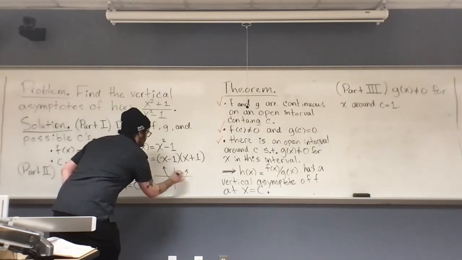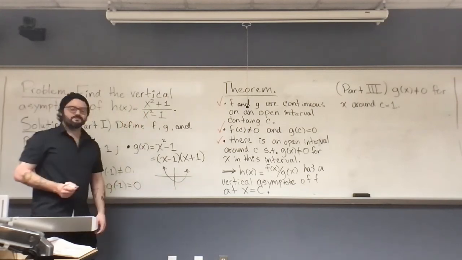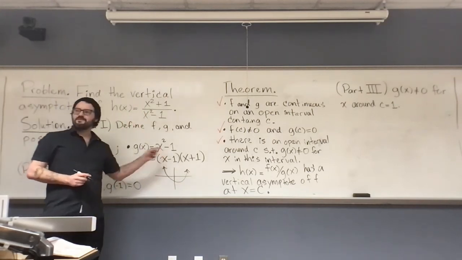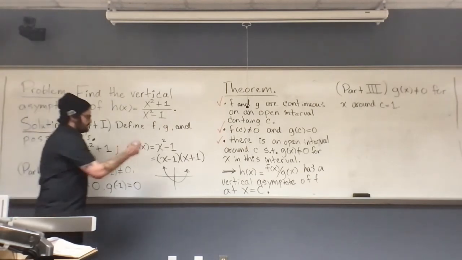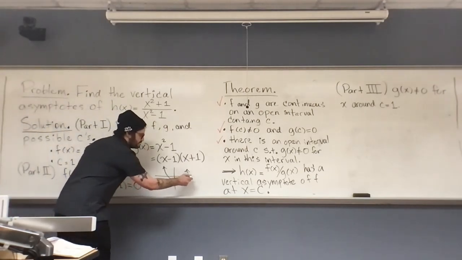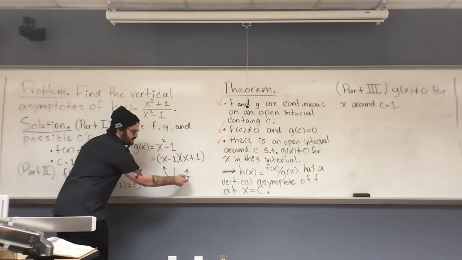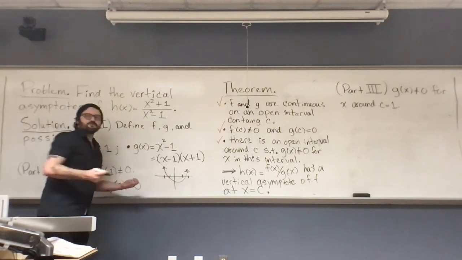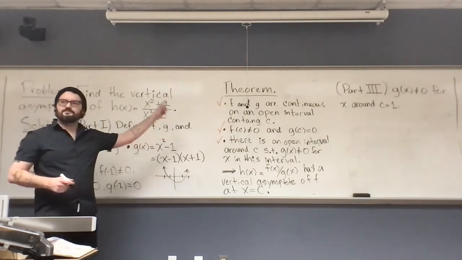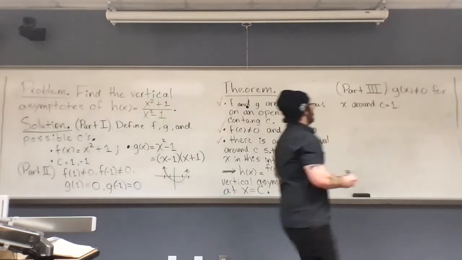Oh, that's horrible, but yeah, it's like that. And those are the zeros of that function. So I know that around positive 1, it's non-zero, and around negative 1, it's non-zero. So that's part 3 of satisfying this definition.